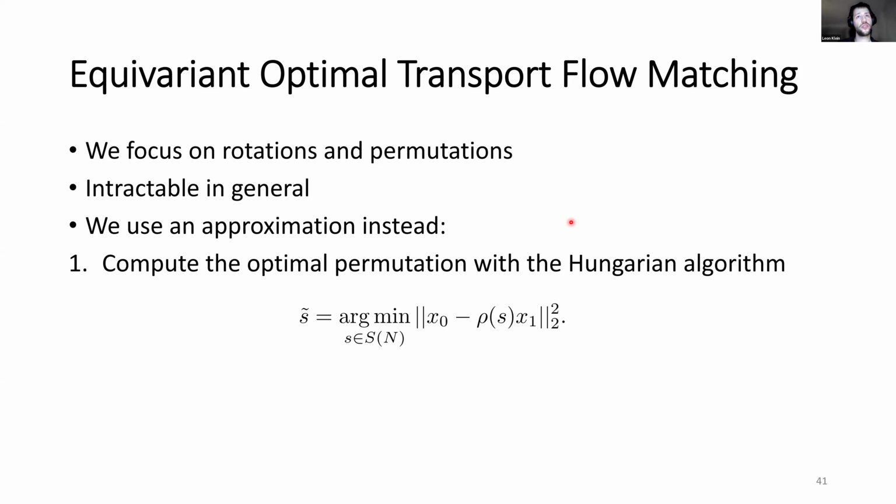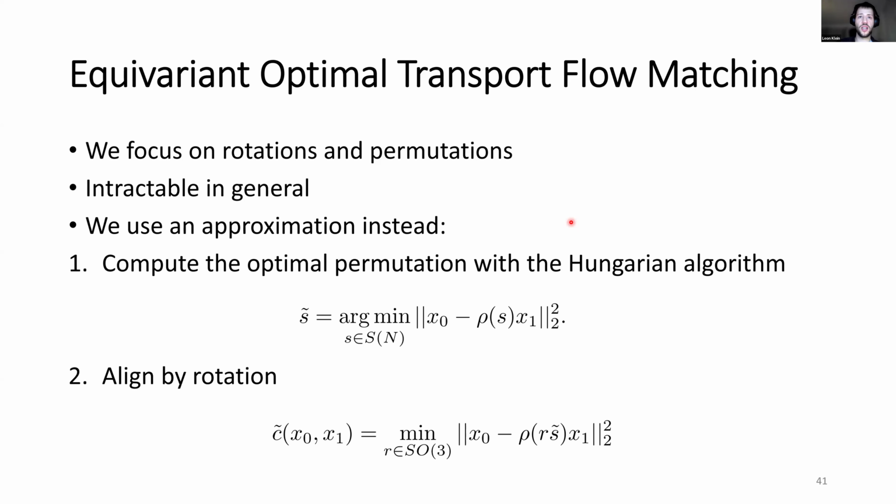So we first compute the optimal permutation with the Hungarian algorithm, and then align by rotation. We also tested different strategies where we changed the order, but this ended up being the best trade-off of computational budget and how well it worked in the end, and how closely it approximated the actual optimal transport map.